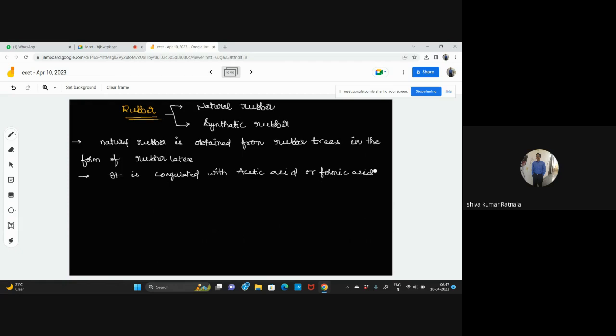As we have seen, in natural rubber the monomer is cis isoprene. Isoprene is 2-methyl 1,3 butadiene.